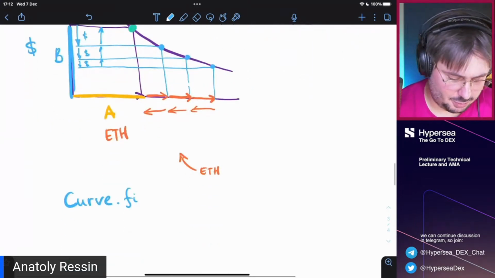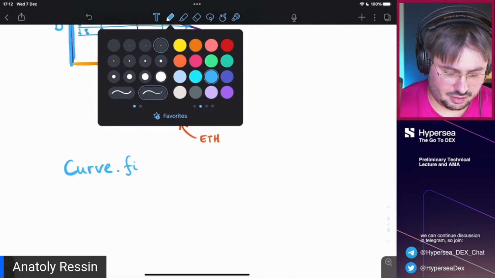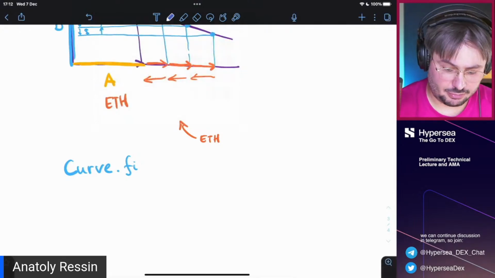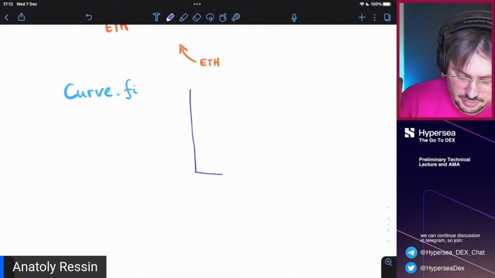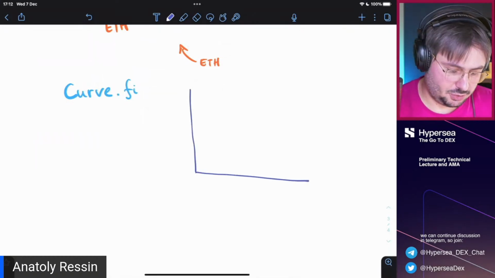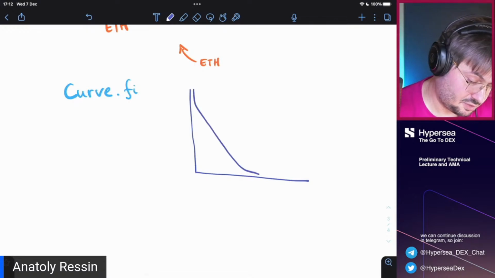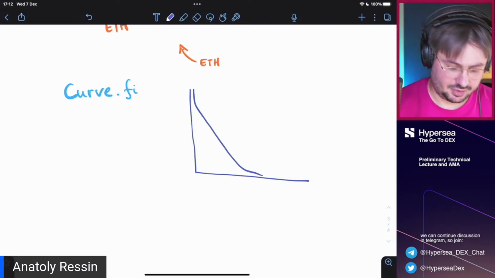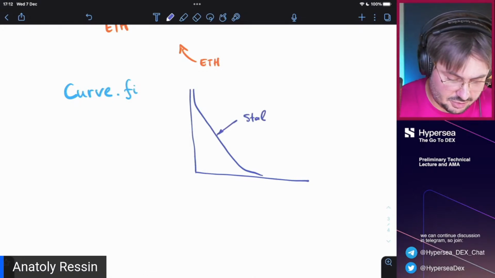And he provided a formula that changed this curve from a hyperbola to a thing that looks like this one. It is called stable swap.